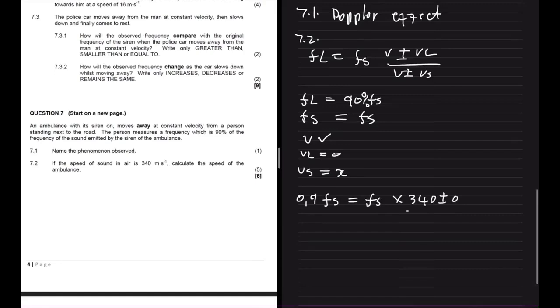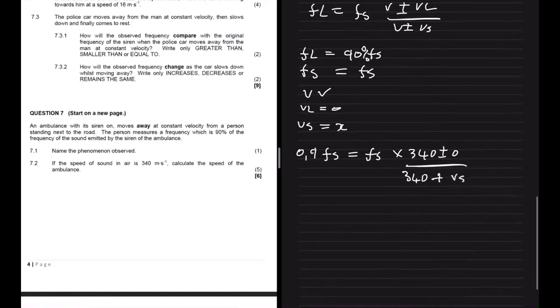The observer is stationary, plus or minus 0, over 340 again, and it's moving away. If it's moving away, we have plus on the denominator. If it was moving towards, we'd have minus on the denominator. So plus VS.